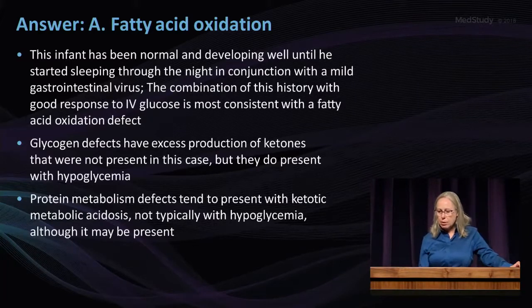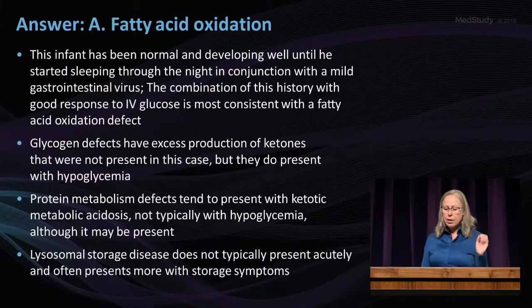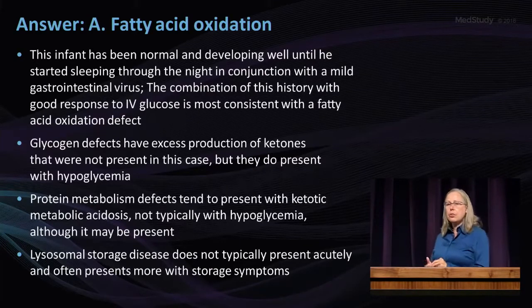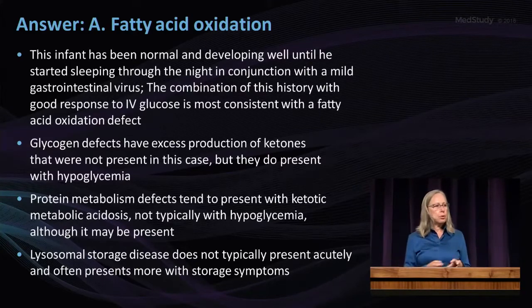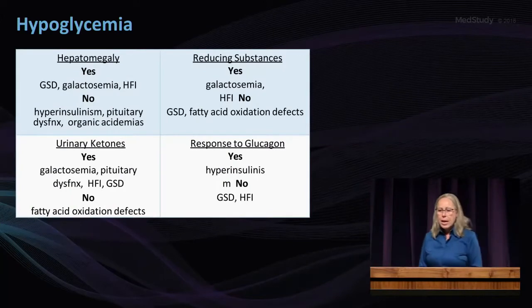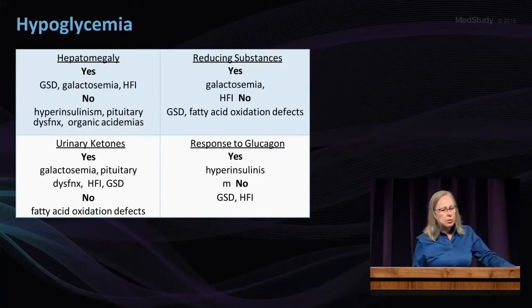And the protein metabolism disorders present with ketotic metabolic acidosis. And then at the end, we're going to talk about lysosomal storage diseases, but they don't present with these acute metabolic decompensations.